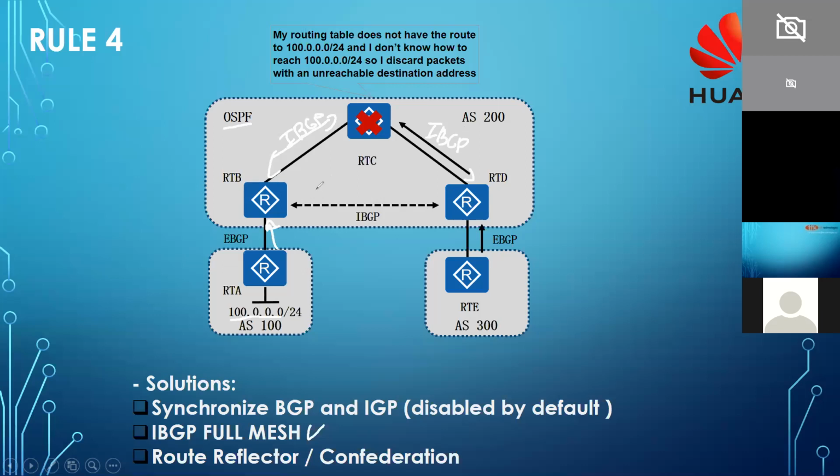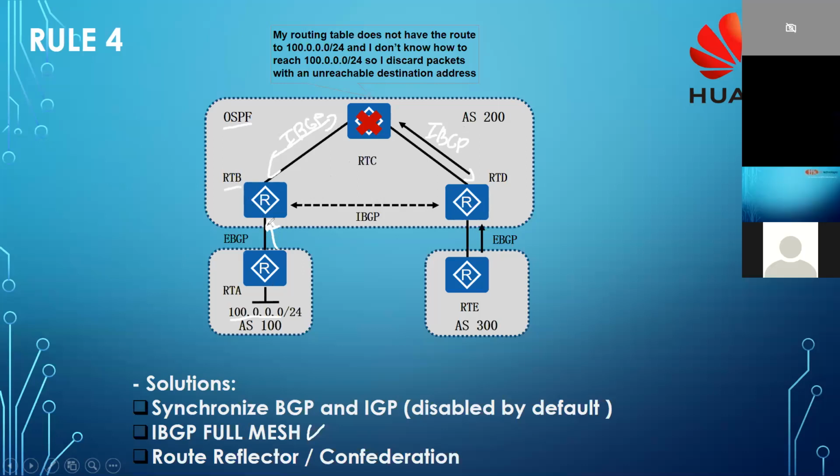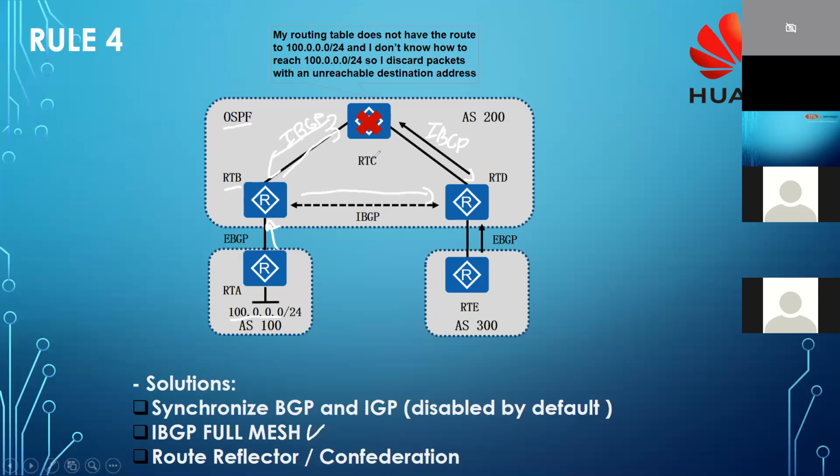In this case the problem is solved, because when RTA sends the route to RTB, RTB will send it to all its IBGP neighbors, so it will send it to RTC and RTD. So question: when RTC receives this route, can RTC send it to RTD?